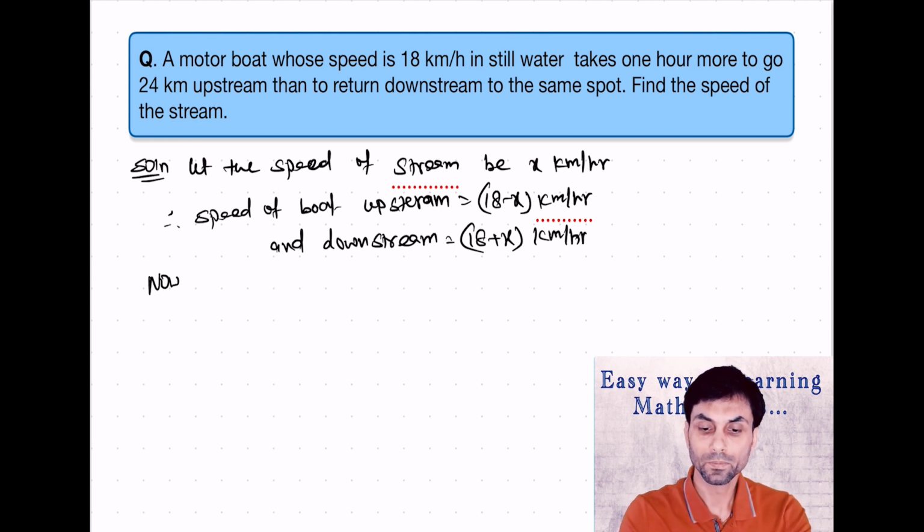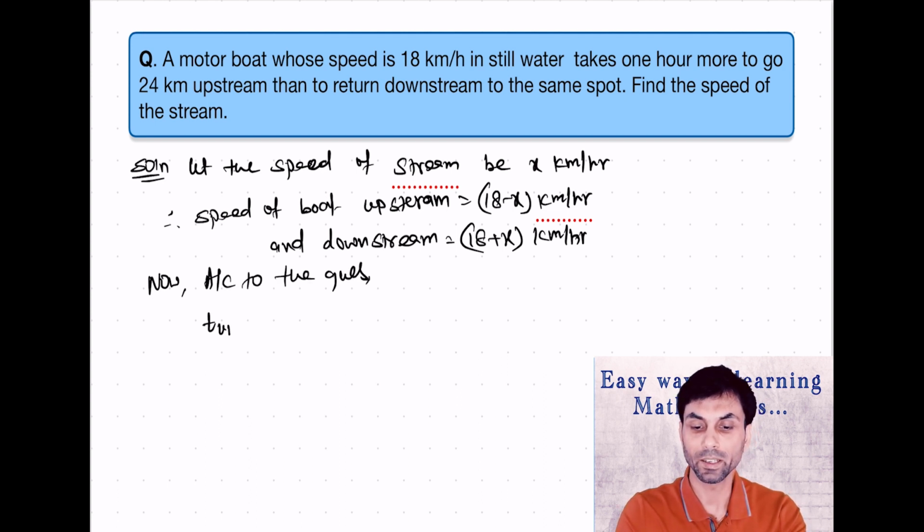Now, according to the question, time taken in going upstream minus time taken in going downstream is 1 hour. Time is distance upon speed. Distance is 24. Upstream speed is 18 minus x, minus this will be 24 upon 18 plus x, which is 1.